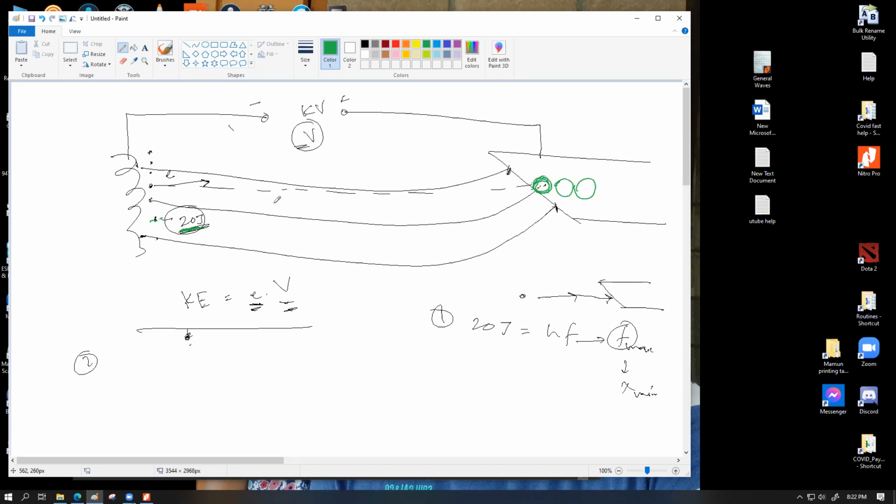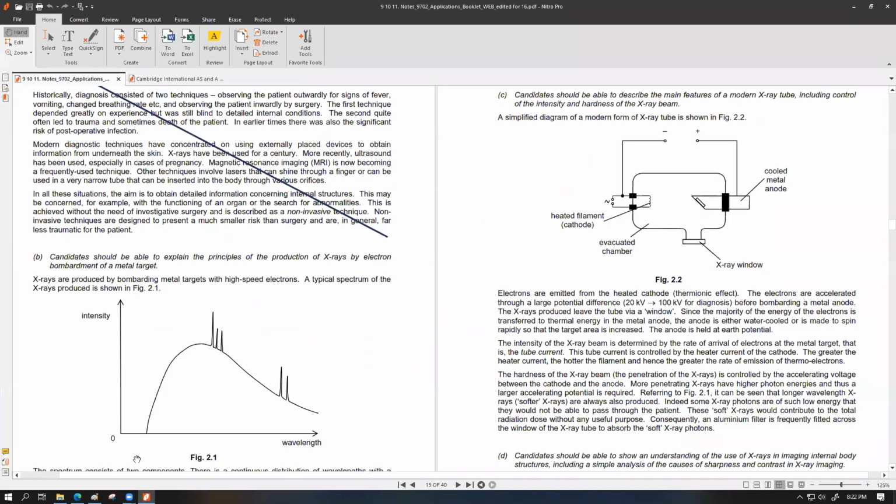So this is essentially why we have, in this curve, a continuous distribution of intensity over wavelength. It means that whenever we bombard the metal anode with the high-speed electrons coming in from the cathode, it is more likely that these incoming electrons are not going to be decelerated in a single step.